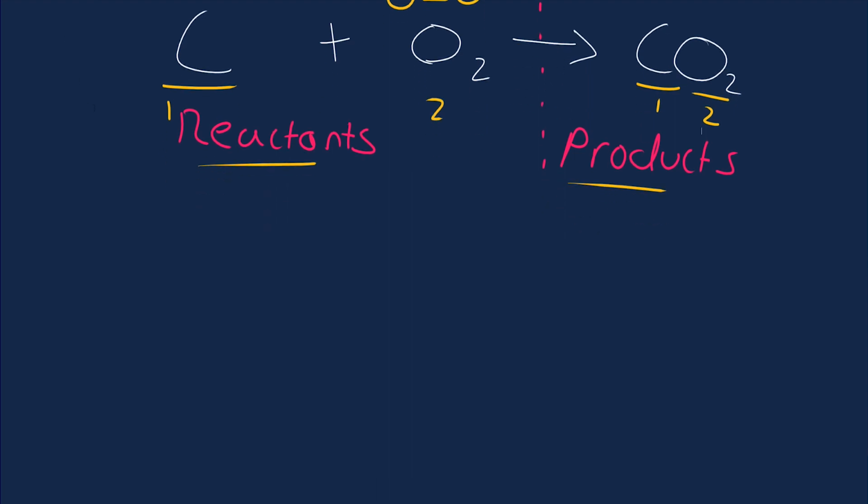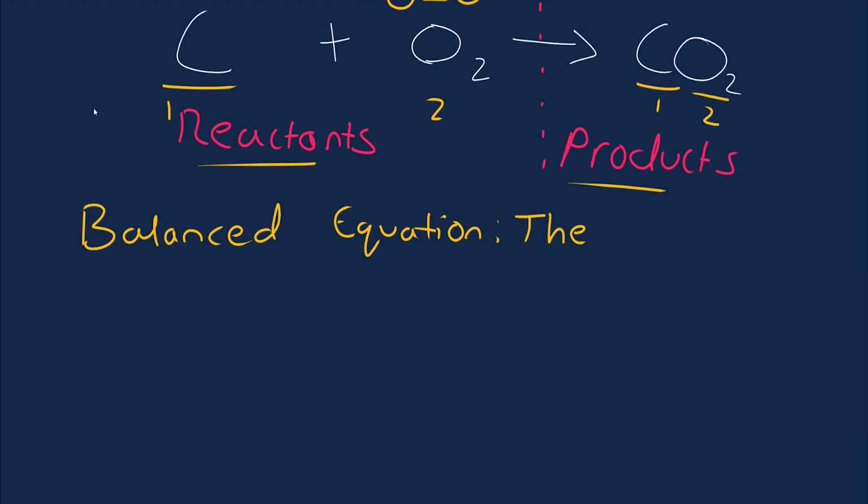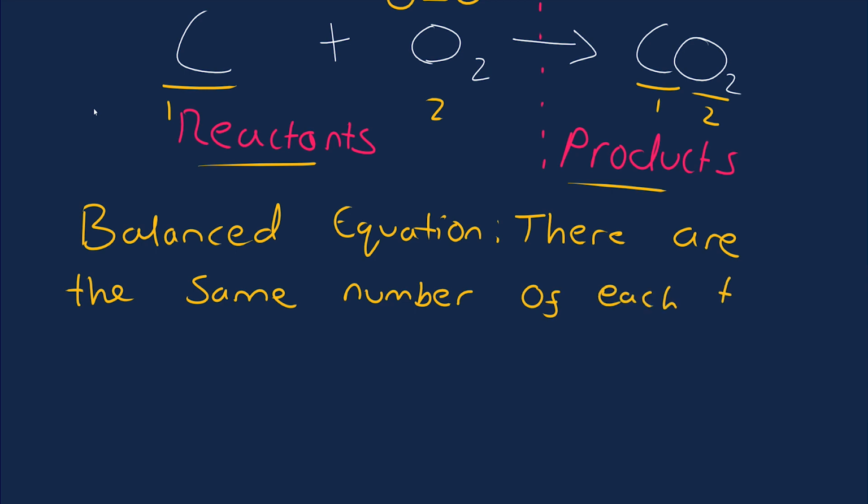A balanced equation means that there are the same number of each type of atom on either side of the arrow.